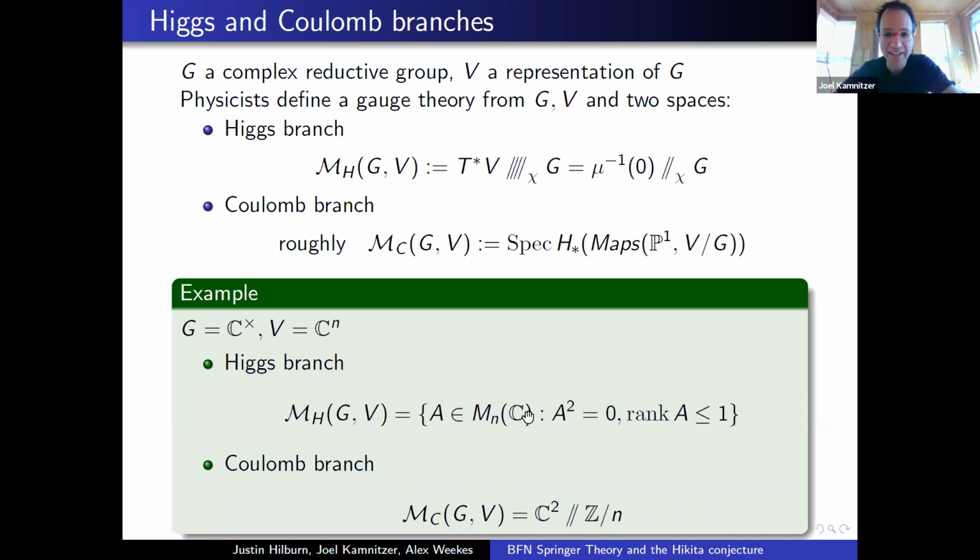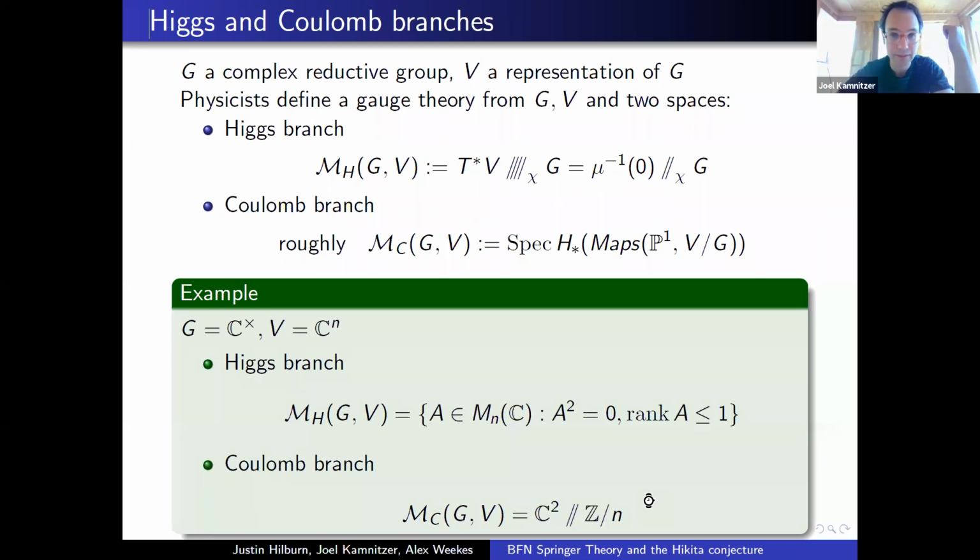If I had been writing the projective GIT quotient here, the Higgs branch would just be the cotangent bundle of projective space. The corresponding affine GIT quotient is square zero matrices of rank less than or equal to 1. The projective GIT quotient would be the cotangent bundle of P^(n-1). On the other hand, it turns out in this case the Coulomb branch is also a very simple variety. It's just C^2 modulo the action of the group Z/n, acting on each factor in the opposite way.